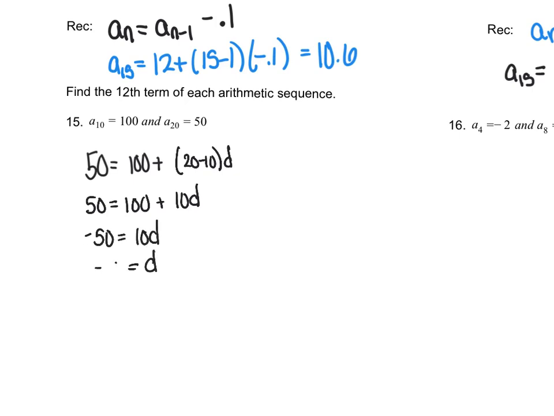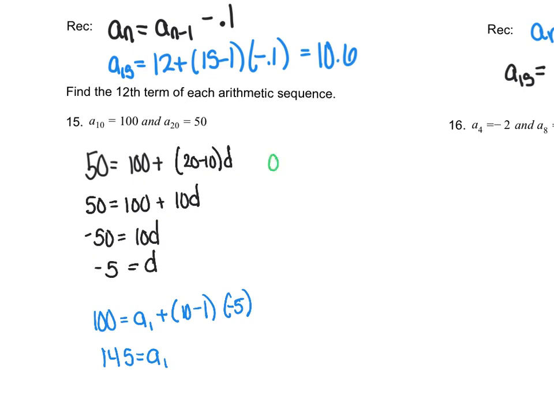D is going to be negative 5. So now we find a1. So 100 equals a1 plus 10 minus 1 times negative 5. So my first term would be 145.